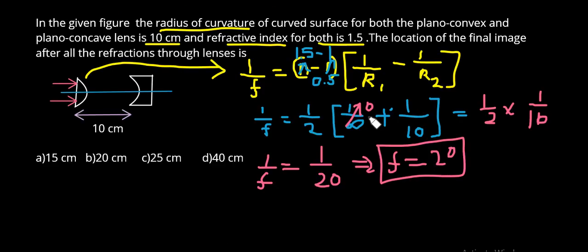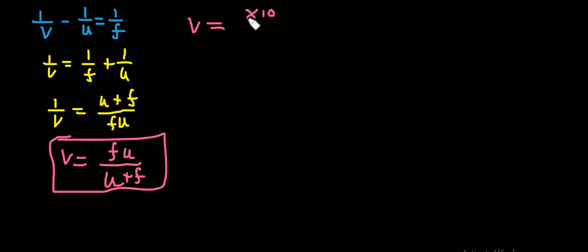So v is equal to 20 multiplied by 10 by 20 plus 10. Simplifying, v is equal to 200 by 30, the zeros get cancelled, finally 20 by 3.